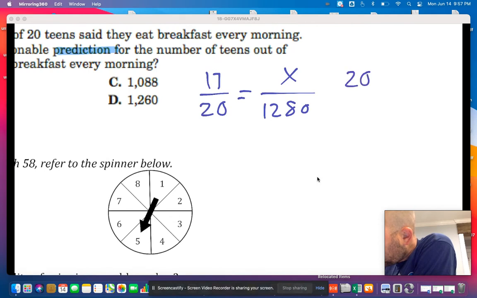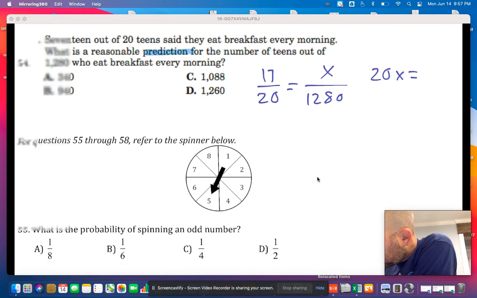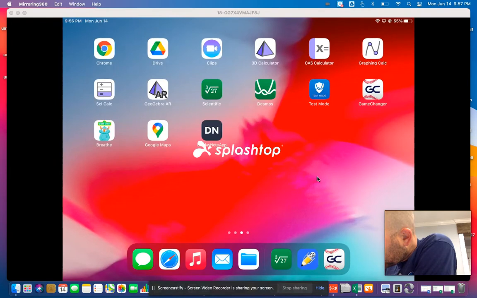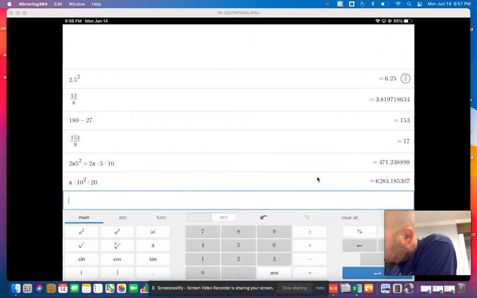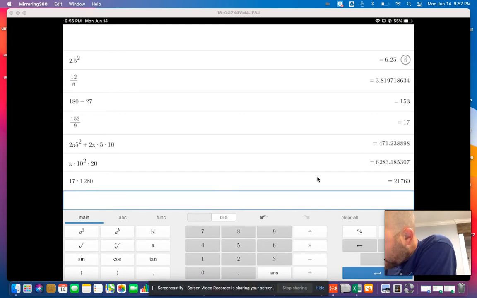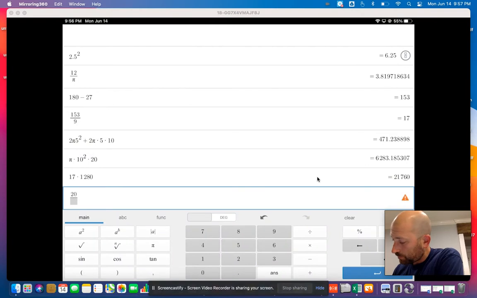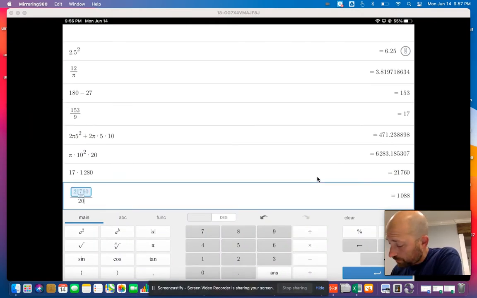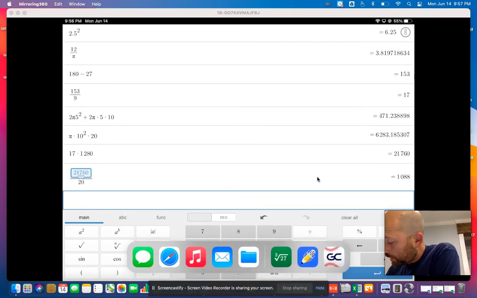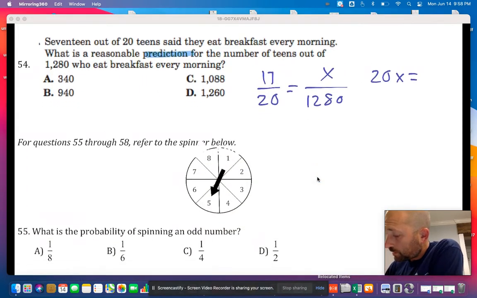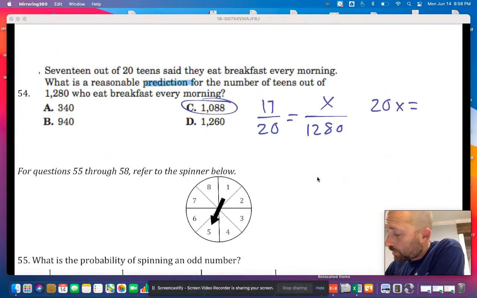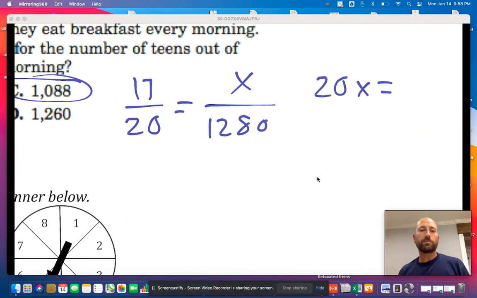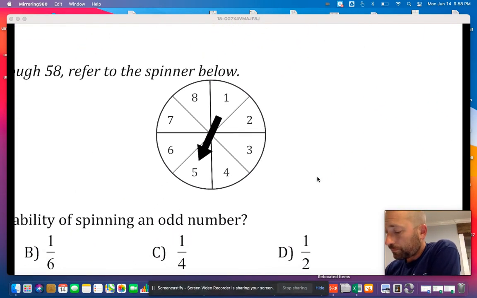So 17 times 1280 is 21,760. Then I'm going to divide that by 20. I'll take that answer, divide it by 20. Get 1,088. All right. So I cross multiplied, then I divided by that coefficient.